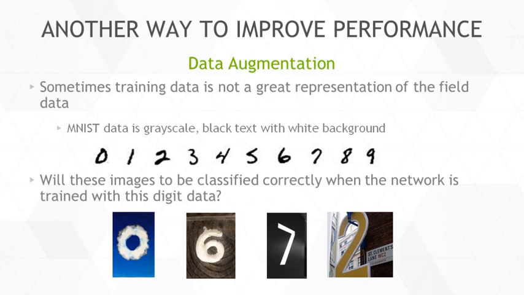It just depends on how you want to use your trained neural network once you're done with it. Once you've got a network that's trained effectively, then you have to think about, okay, well, I trained it based on this data. Is my training data a good representation of what I want to classify?